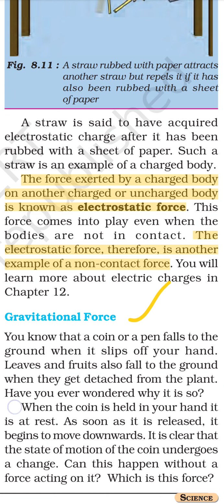When the coin is held in your hand, it is at rest. As soon as it is released, it begins to move downwards. It is clear that the state of motion of the coin undergoes a change. Can this happen without a force acting on it? Which is this force?